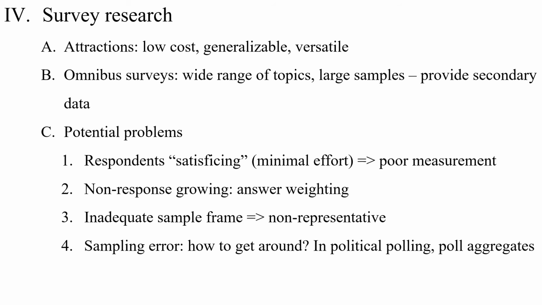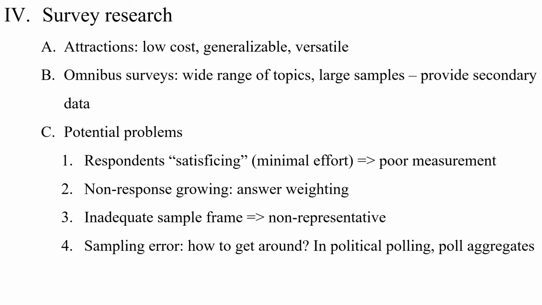Things like the General Social Survey, which is out of the University of Chicago, they just make their data available to everybody else. And that's why they have a wide range of topics. As a person using their data, you're treating it as secondary data, you don't have to address everything they've asked about. You just address one thing. That's why they do it. They make it a wide range of topics so a lot of different researchers around the country can treat it as secondary data and get a lot out of it.